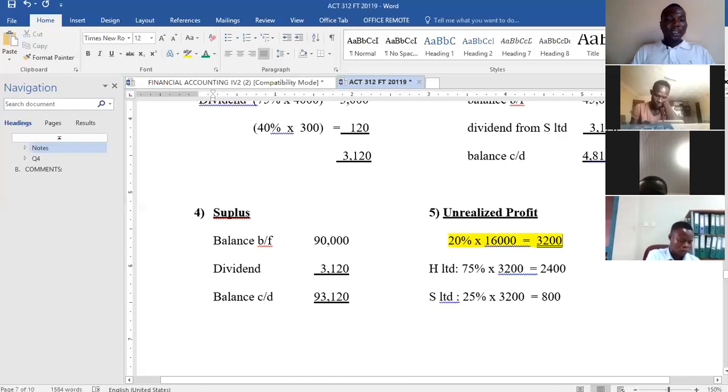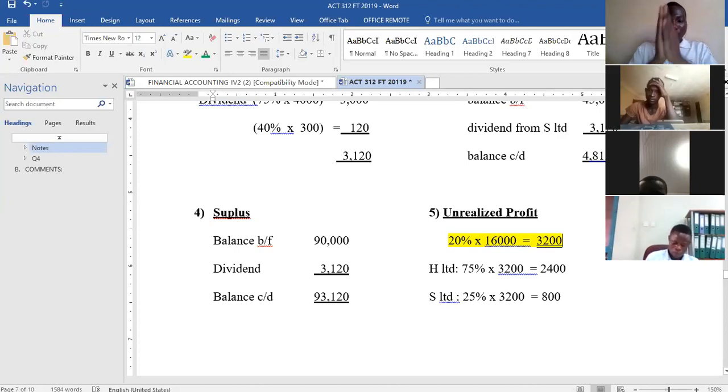So it means that the unrealized profit between the group as at December 31st, 2012 is 3,200. Now, it is the subsidiary that is selling to the holding company, so you have to split this unrealized profit in the ratio 75-25.